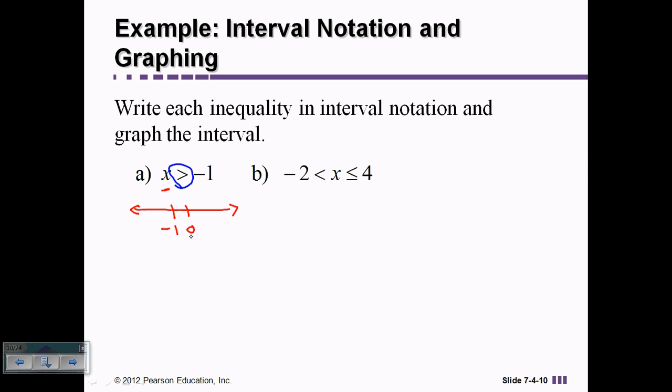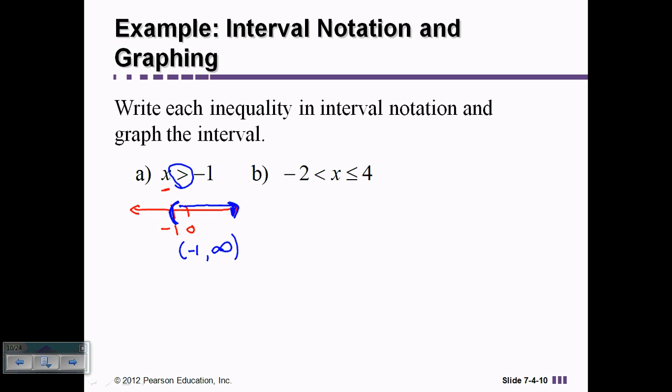It does not have the equal to symbol, so we're going to put a parenthesis at -1, and we're going to shade in the direction that the arrow is pointing. So there's my solution. In terms of interval notation: parenthesis, -1, infinity, parenthesis.